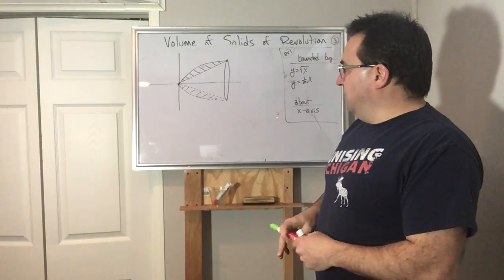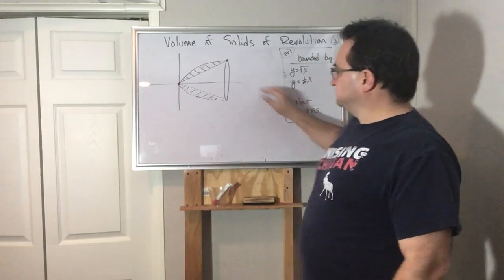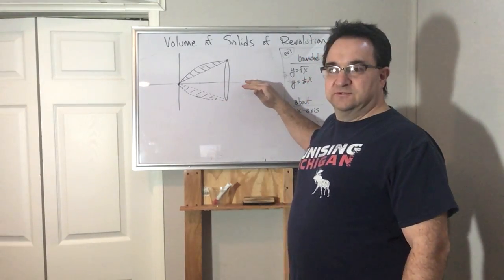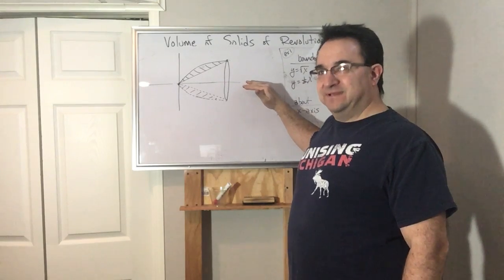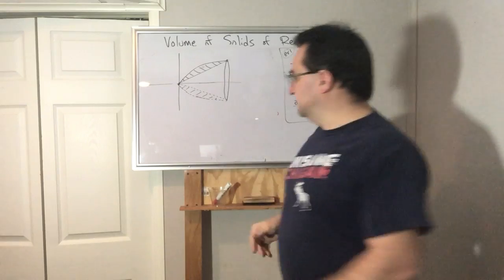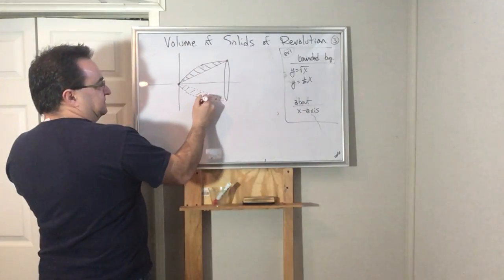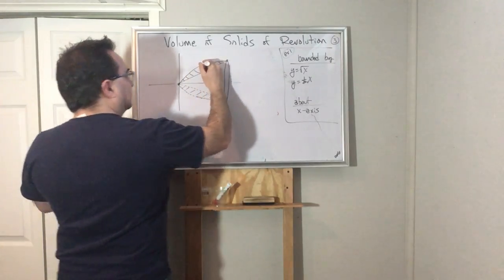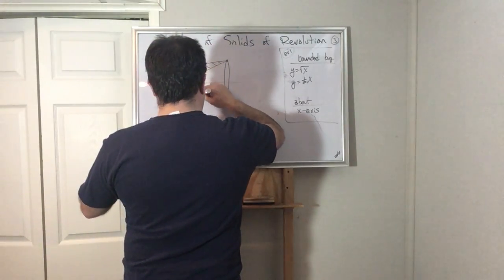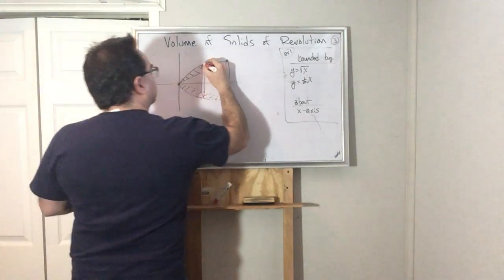So how does that look? See the axis of symmetry? I'm going to slice it perpendicular to the axis of symmetry, just like this. I'm going to draw an ellipse.